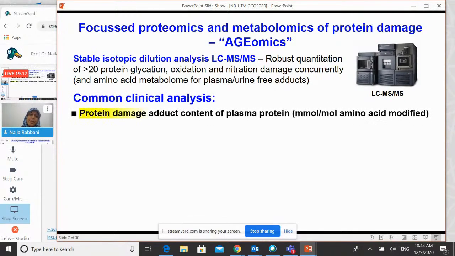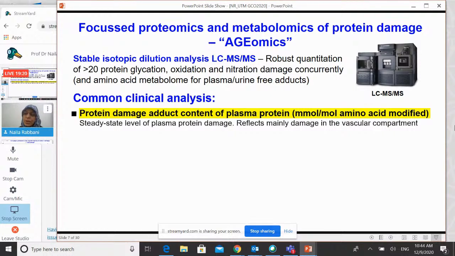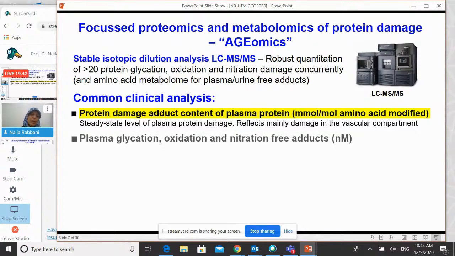So in common clinical analysis using this technology, LC-MS/MS, we can measure the protein damage adduct content of plasma protein, giving the measurement in millimole per mole amino acid modified. It gives you the steady state level of plasma protein damage and reflects mainly damage in the vascular compartment.